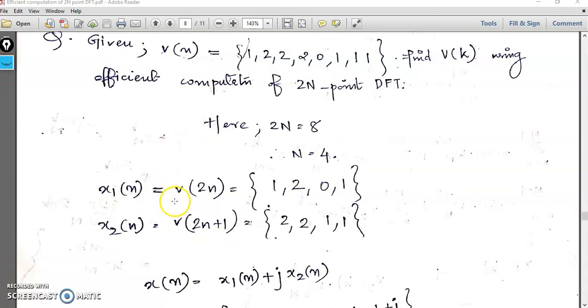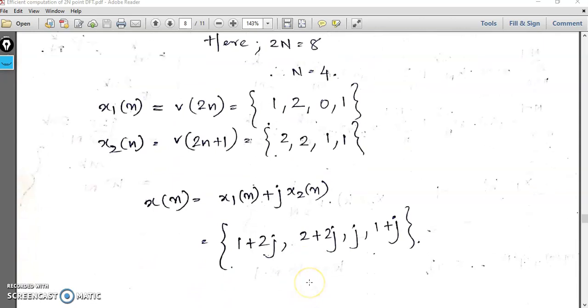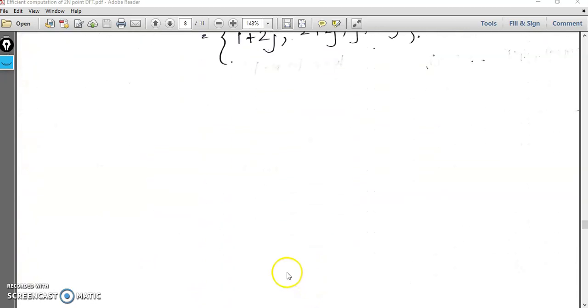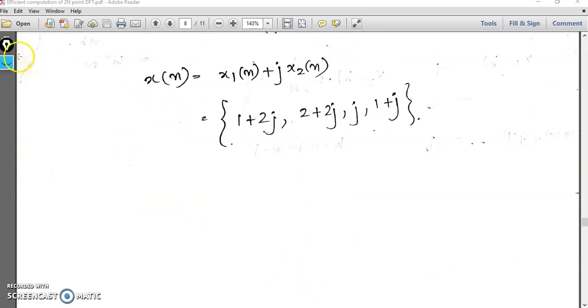Next we can compute x of n, that is x1 of n plus j into x2 of n. Using this x1 of n and x2 of n, you can compute the value of x of n. Then from x of n, you move on to x of k. This sequence length is 4, so using a 4-point DFT algorithm you can compute the value of x of k.